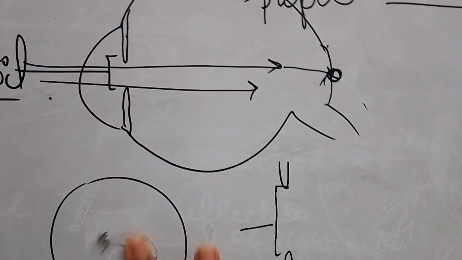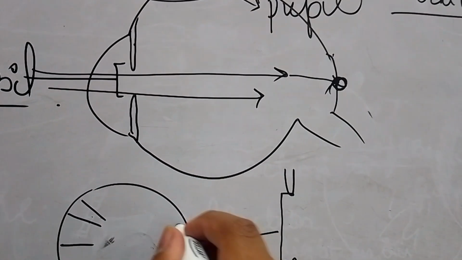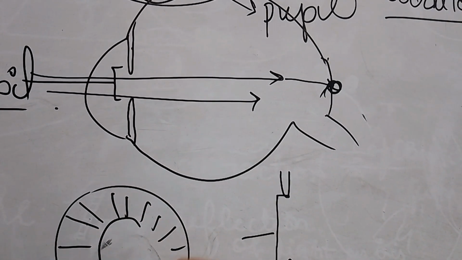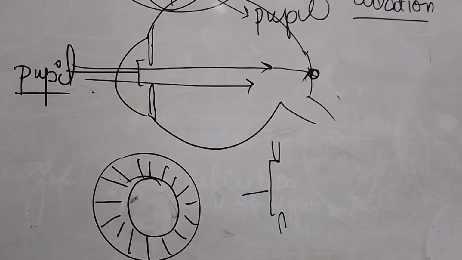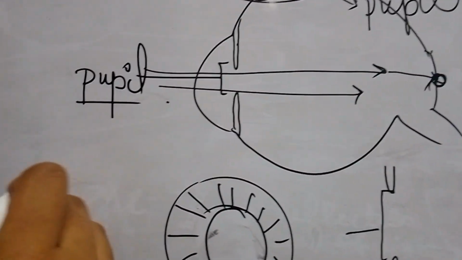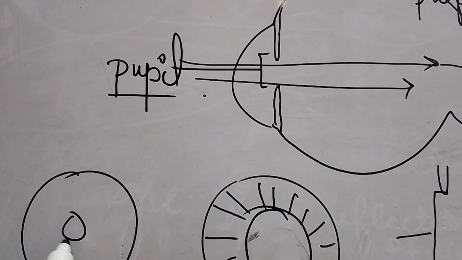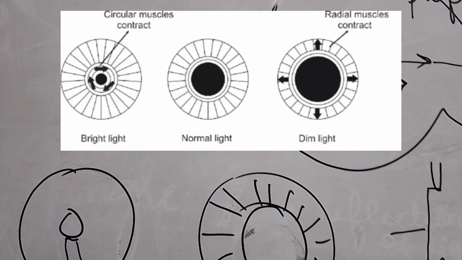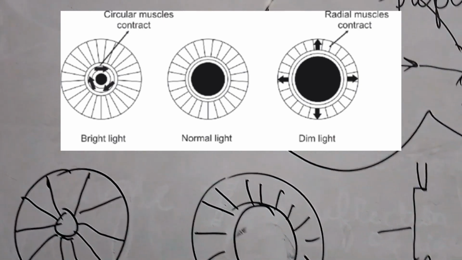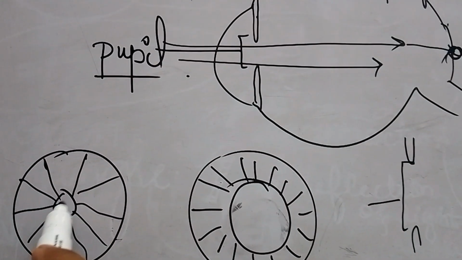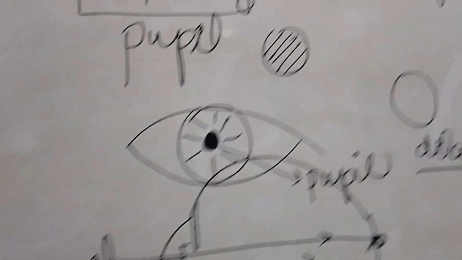So if the muscles of the iris get constricted, what happens? That the size of the pupil increases in order to allow more light to enter the eye, right? But when the muscle relaxes, what happens? When the radial muscle relaxes, they'll allow the constriction of the pupil. So this is the opening from where the light rays enter the eye, right, which is the pupil.